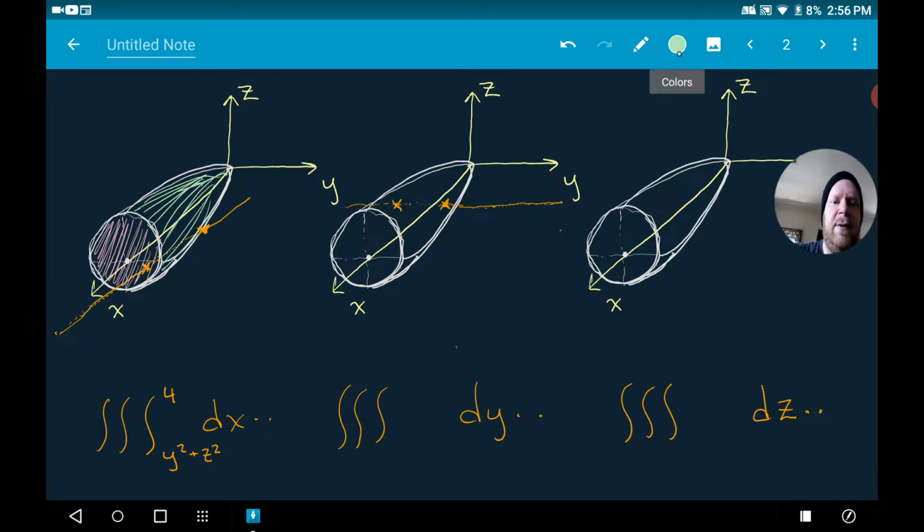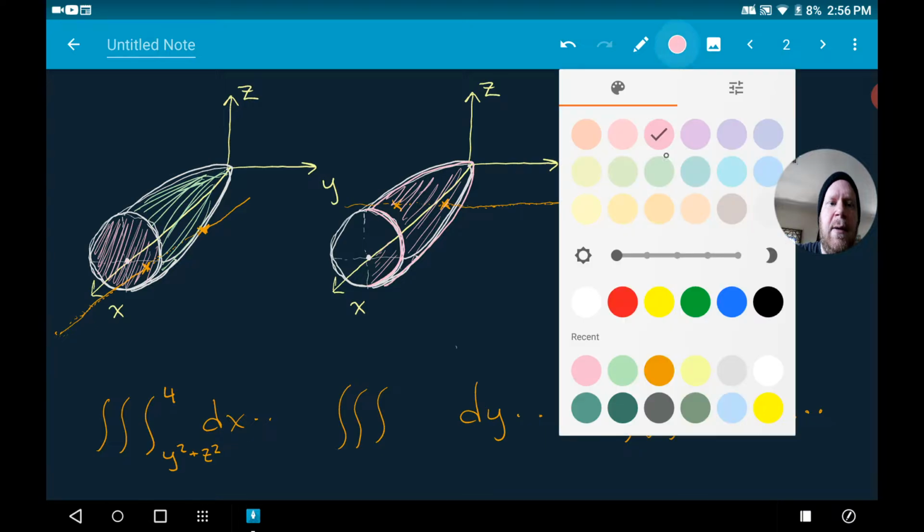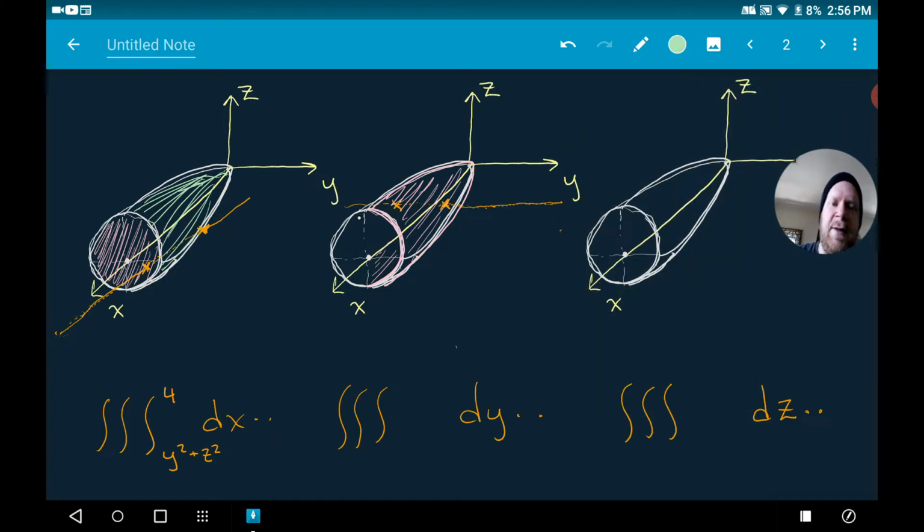For this one, the first thing it hits is the right-hand side of this paraboloid. And the second thing it hits is this left-hand side of the paraboloid. Right. So you can picture it traveling through.